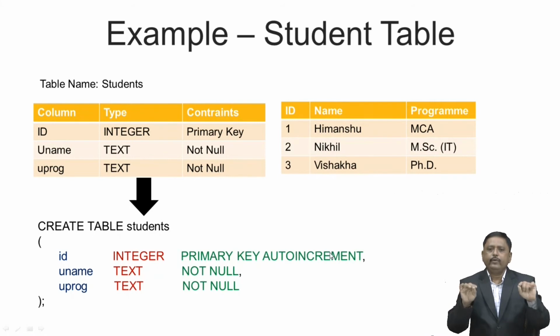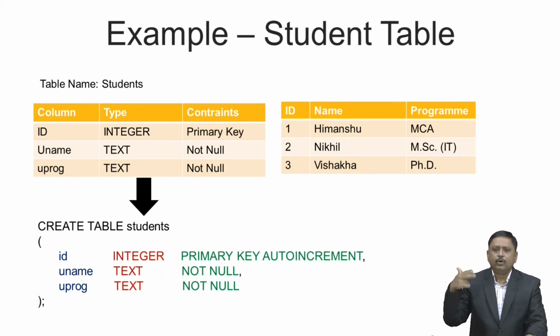That means you need not specify ID. SQLite will automatically increment its value starting from 1, and username is text and it is compulsory, means not null, and user program is also compulsory and is of type text and it is not null. Every statement or query ends with a semicolon. So, we write down a semicolon at the end.